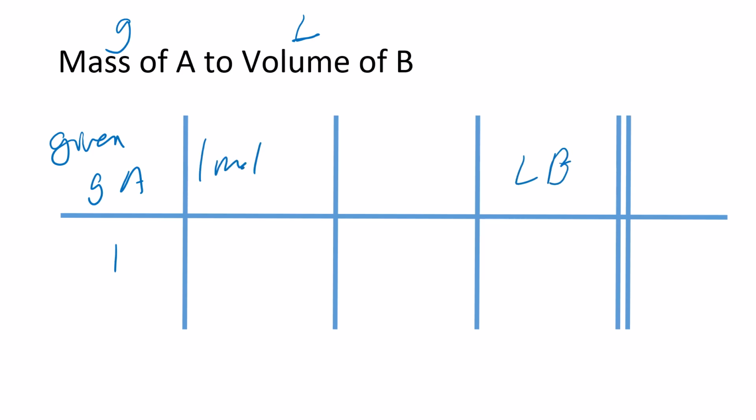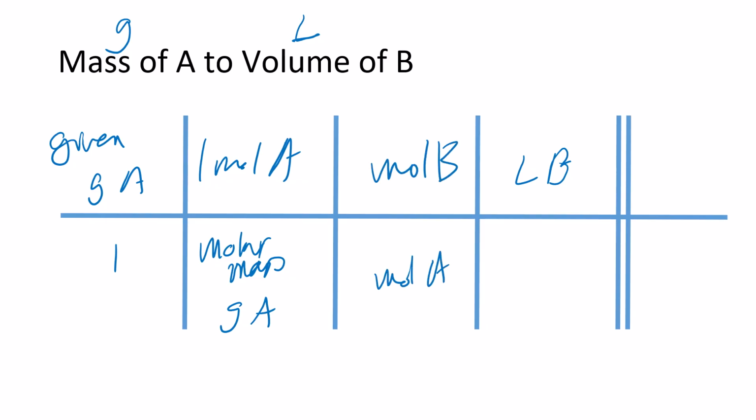So in 1 mole of A, you have the molar mass in grams of A, and then you're going to convert over from moles of A using your mole to mole ratio to moles of B. And then from there, the only way you're going to be able to get to liters of B is by incorporating your molarity. So hypothetically, let's say it is a solution of 0.2 molar B, just for this example.